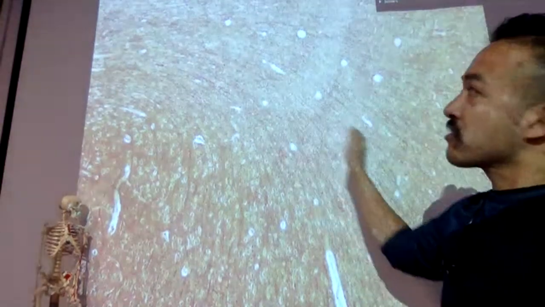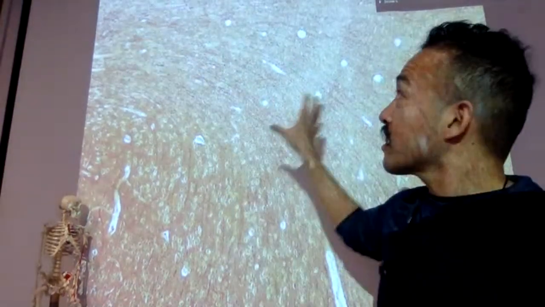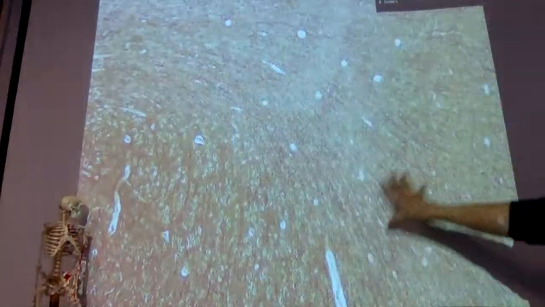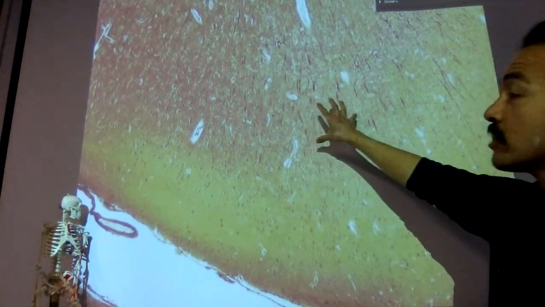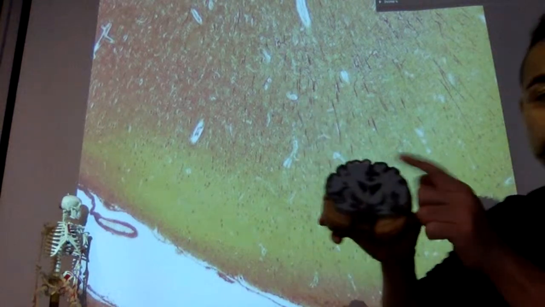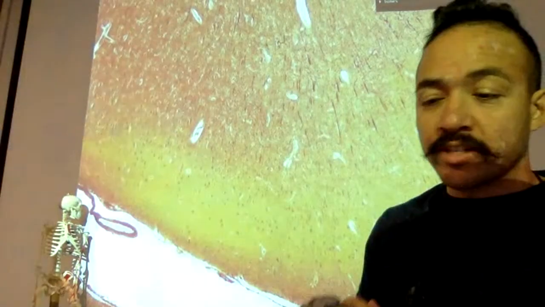See all the axons curving and going in a direction? That's white matter. All the cell bodies of neurons are down here. You can see all these cell bodies here. So this is gray matter of the cerebral cortex.